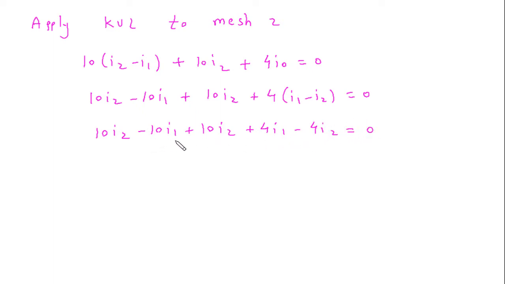So this will be this I1 and this I1, this will be minus 6 I1, and 10 plus 10 is 20, and 20 minus 4 is 16, plus 16 I2 is equal to 0. Let's say this is equation number 2.